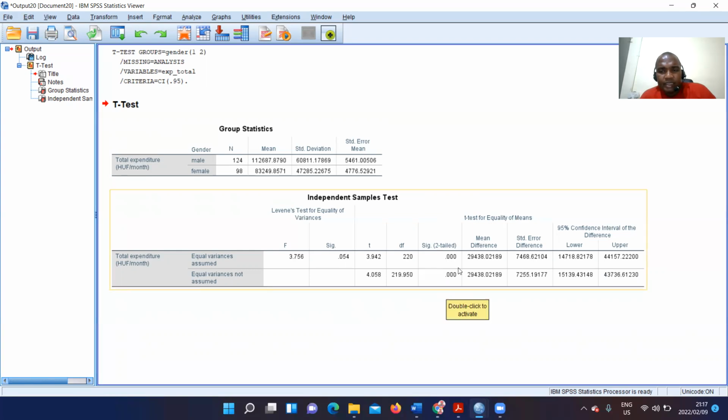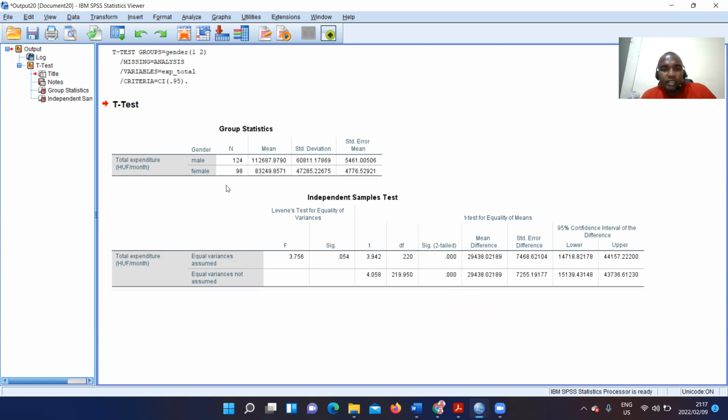And then when you are looking at the second, equal variance is not assumed. When you look at the test for equality of means, we have a T statistic of 4.058 with those degrees of freedom which are almost 220, and the significance probability value of 0, which is clearly lower than 5%.